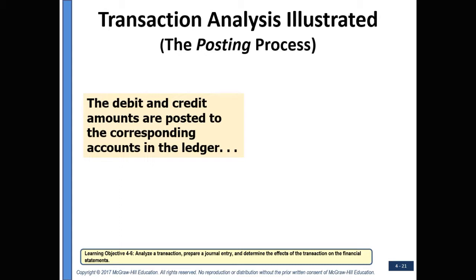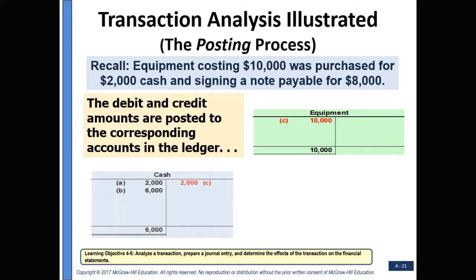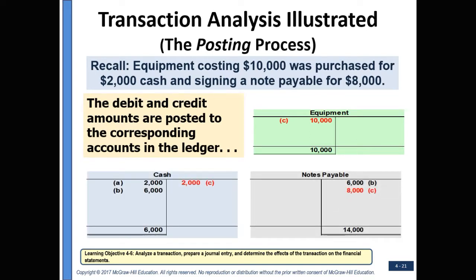So just as a refresher, we purchased equipment for $10,000 by paying $2,000 cash and signing a notes payable for $8,000. We have taken the entry that we completed on the previous slide.